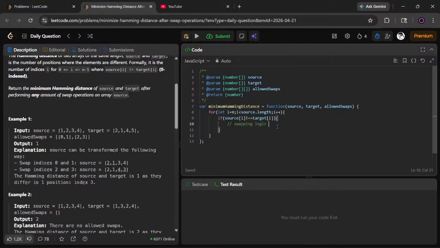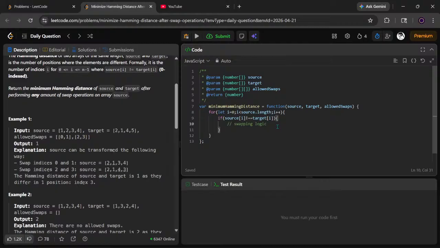Can we just write a for j loop and run on the allowed swaps there? But that is not the right way to do it, right? And we are not even swapping between the source and target, we are swapping only inside the source.